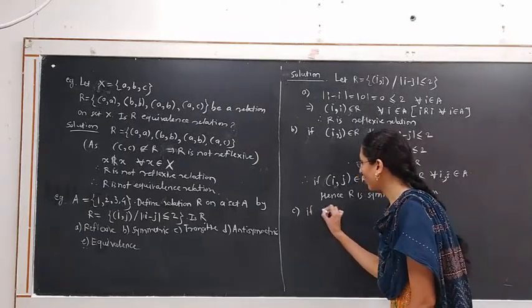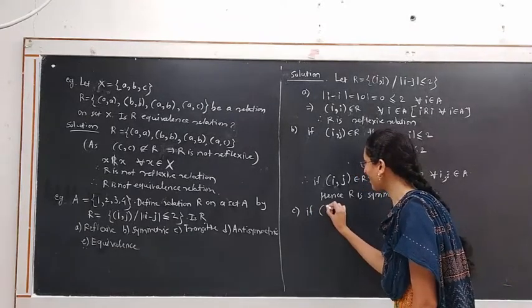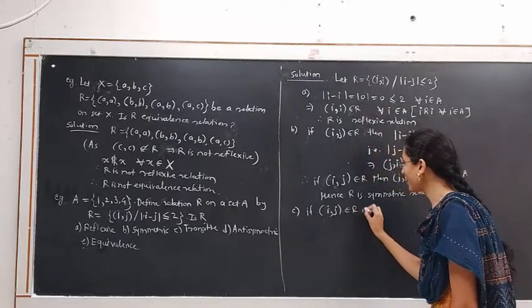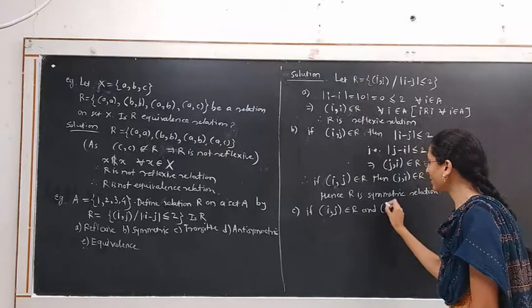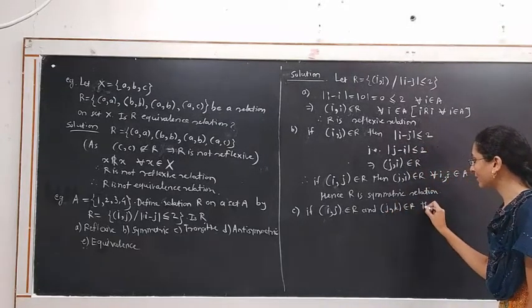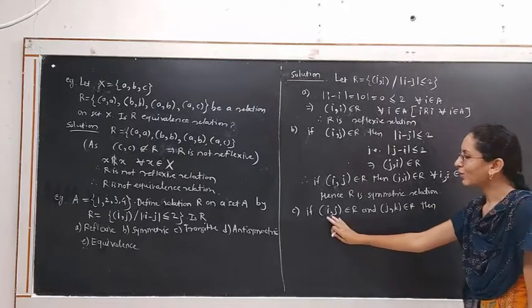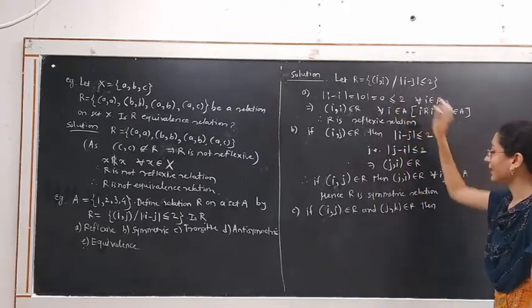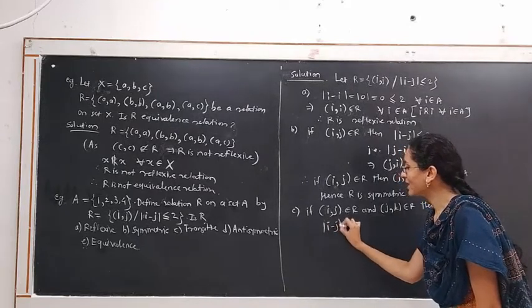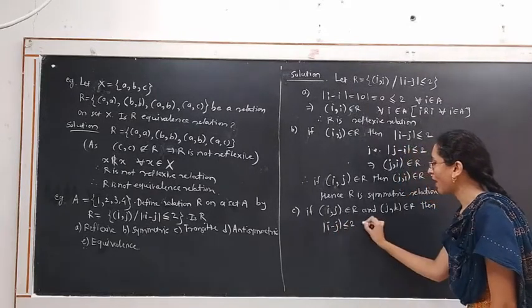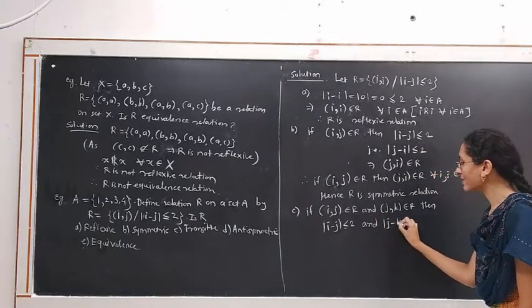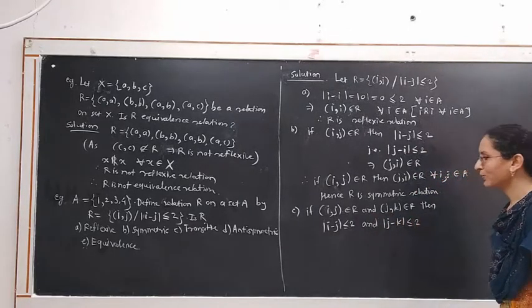If the ordered pair (i, j) belongs to R and the ordered pair (j, k) belongs to R, this means mod of i minus j is less than or equal to 2 and mod of j minus k is less than or equal to 2.